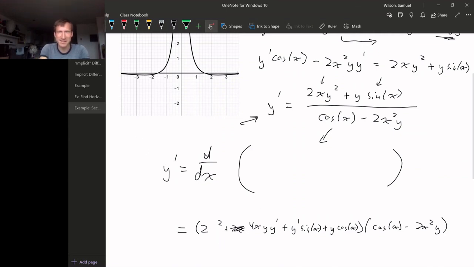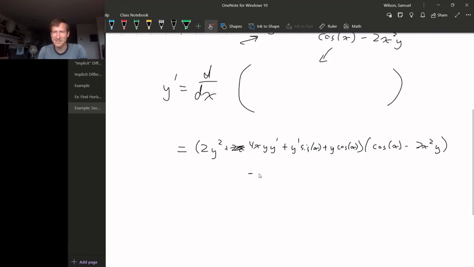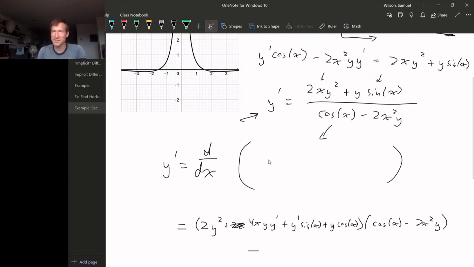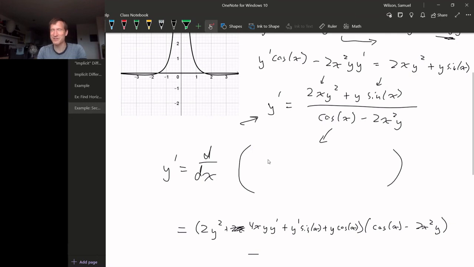Oops, I deleted a y. So now minus the next piece of the numerator of the quotient rule, that's the numerator with no derivatives, so 2xy squared plus y sine x.